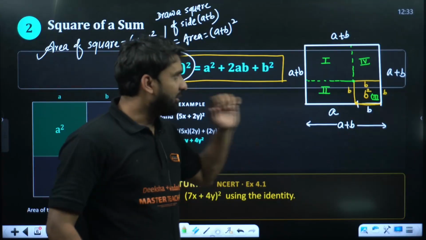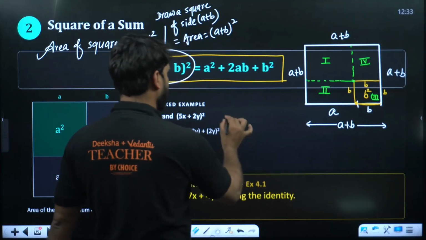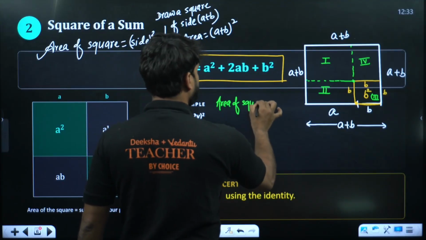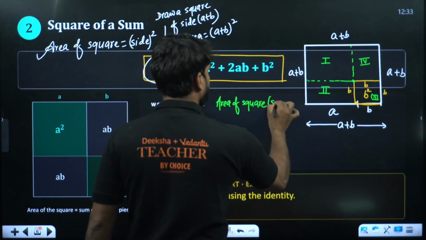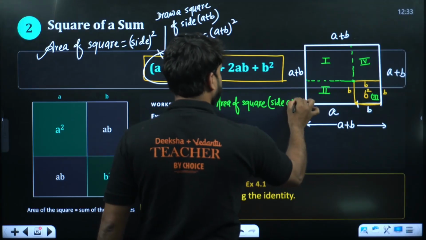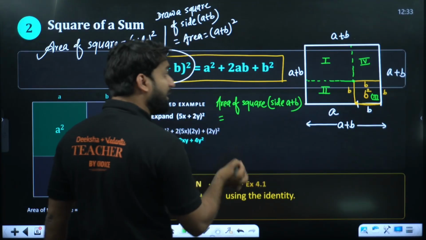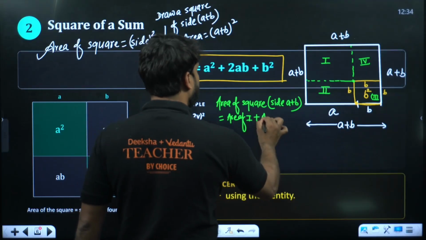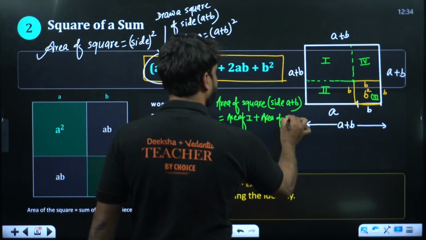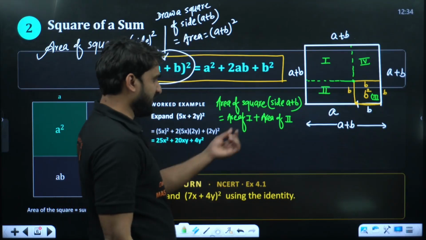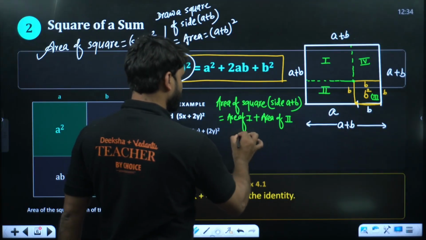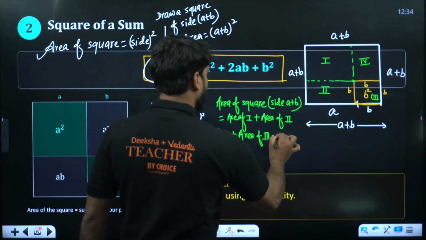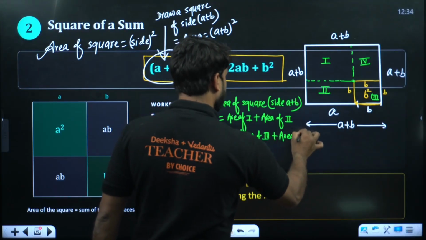Clear? Now let's find out. So I'm writing here: area of square of side a + b will be equal to area of first compartment, area of second compartment, area of third plus area of fourth. I'm skipping one compartment because I don't have a lot of space here, so you can write it in your copy.